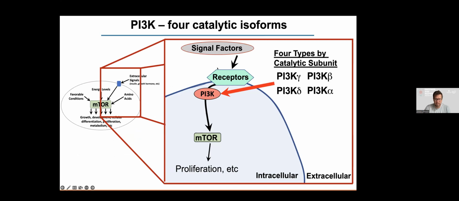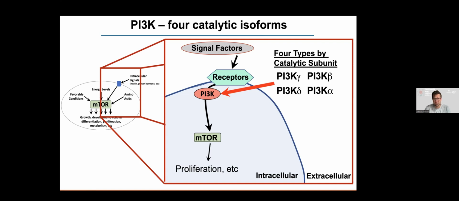Just remember that the cell membrane has receptors in it, and factors from the outside can bind to them and induce signaling on the inside. Through this particular set of pathways, through receptor tyrosine kinases and PI3 kinase, PI3 kinase mediates signaling to mTOR through those signaling factors.